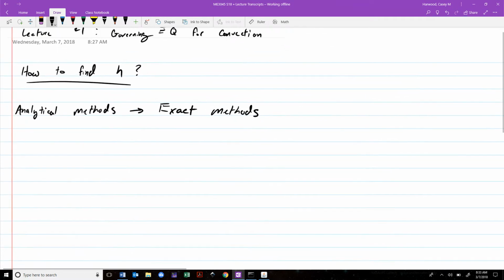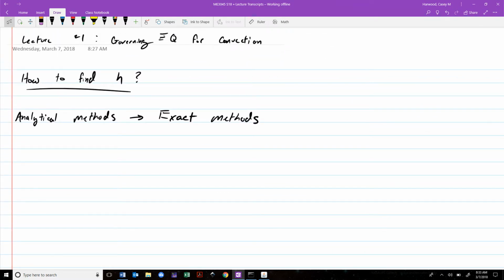And what we'll find is that we can set up the equations and we can talk about the equations, but except in a few cases we can't solve the equations. So we'll move on next week into correlations, similarity solutions, and ways that we get h for more complex geometries. But for today we're going to focus on these simpler problems that allow us to actually find h exactly.